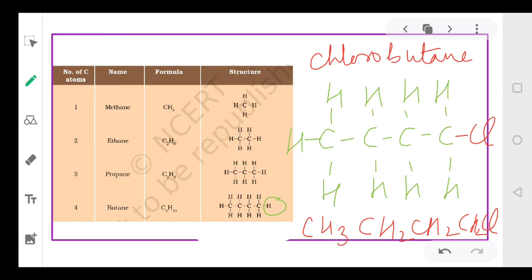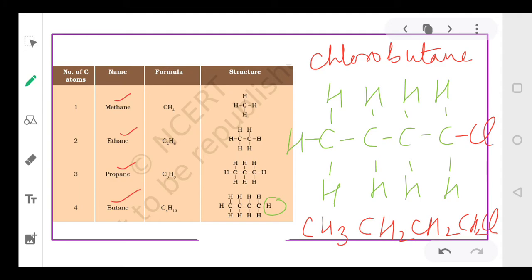So now we can say that we have 4 compounds. We can call them chloromethane, chloroethane, chloropropane and chlorobutane. So likewise you can make up to 10 carbon atoms. You can have chloropentane, chlorohexane, chloroheptane, chlorooctane, chlorononane, chlorodecane.